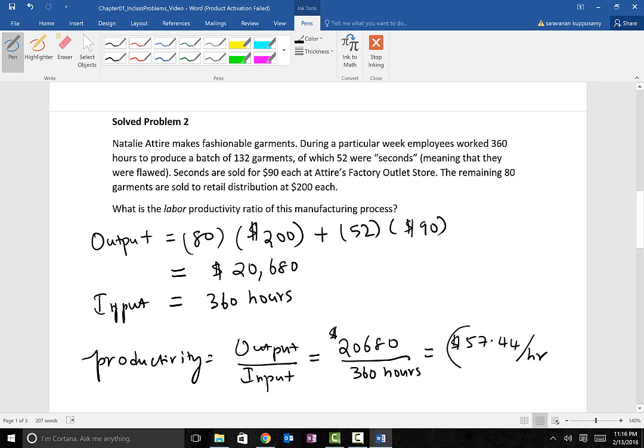So the interpretation of this particular number is the following: for every labor hour they invest, they are able to generate $57.44.